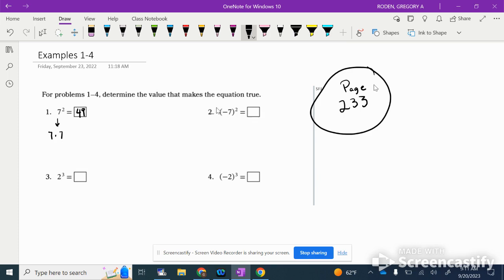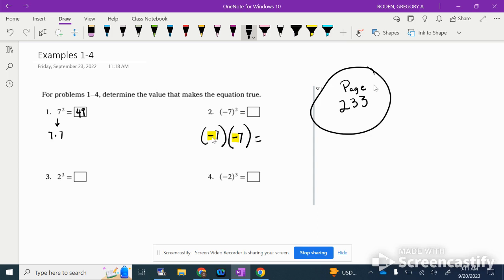Okay. Now, negative 7 squared is negative 7 times negative 7. Now let's think, you have to use your chart here. A negative times a negative: if you take a negative and multiply it by a negative, that is a positive.